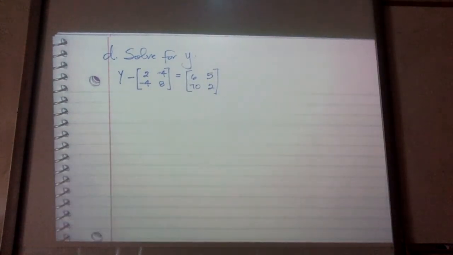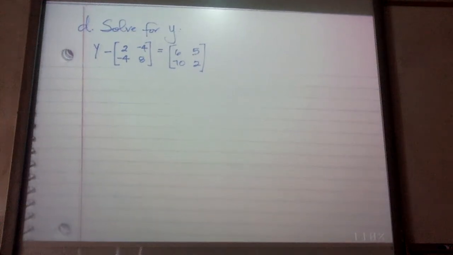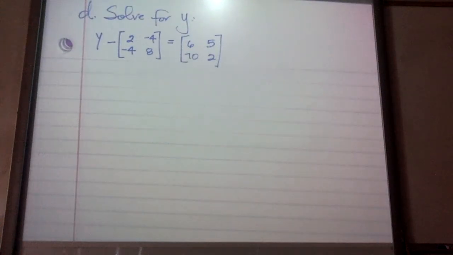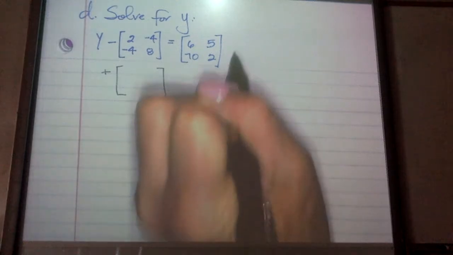So to solve for y, I would solve it like any other algebra expression. If I want to solve for y, what do I have to get by itself? Y. And so to get y by itself, I'm simply going to add this matrix to both sides.